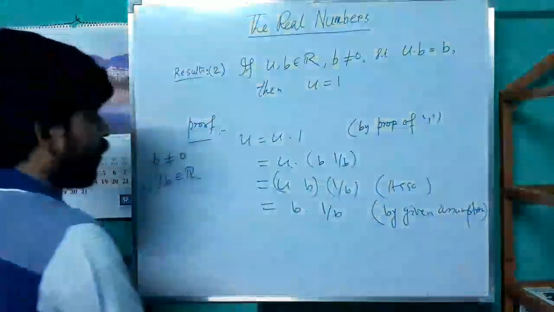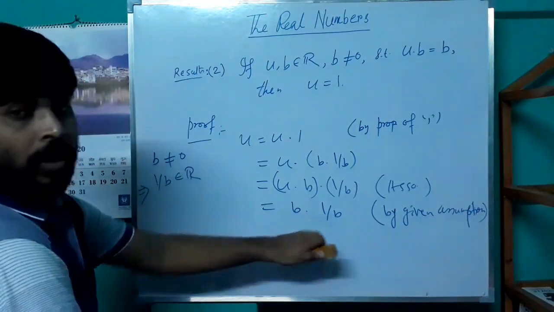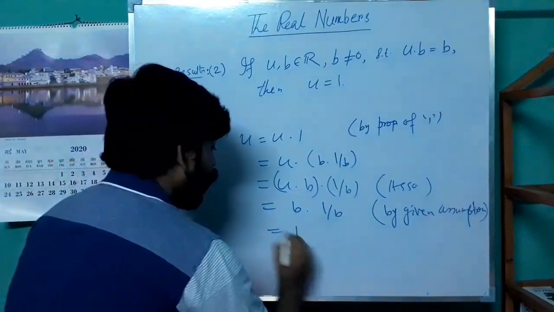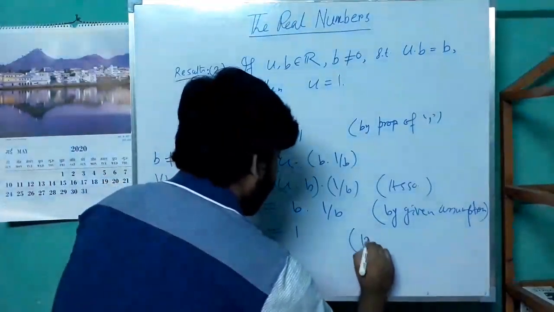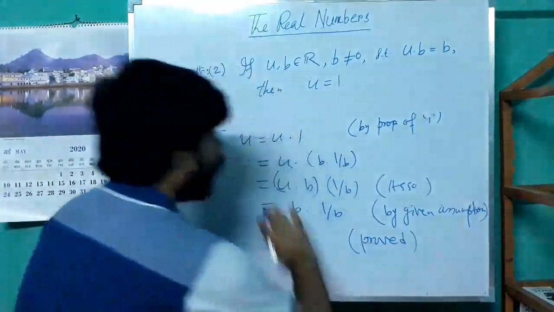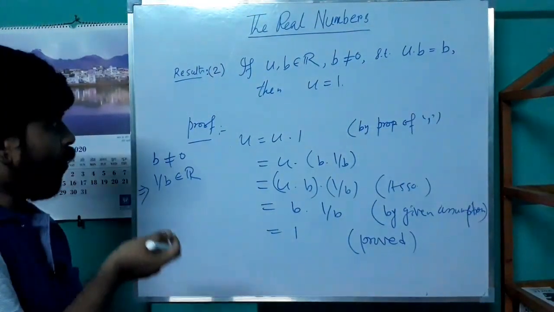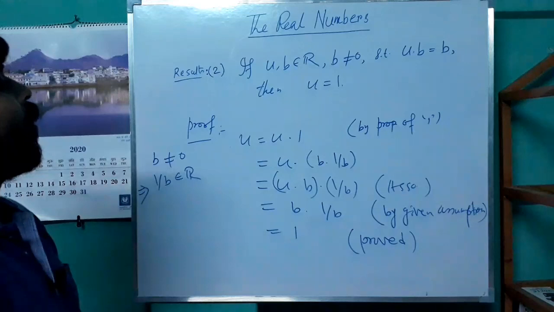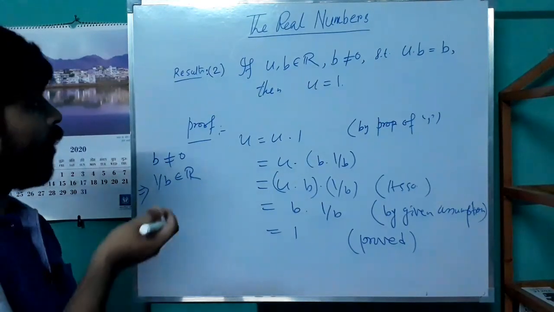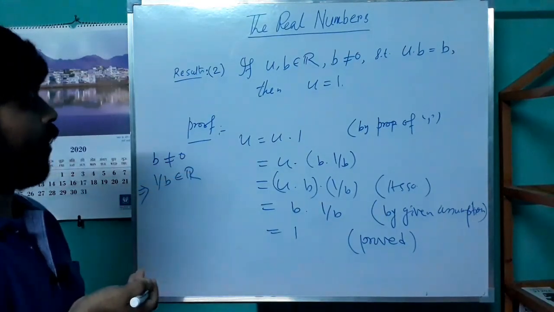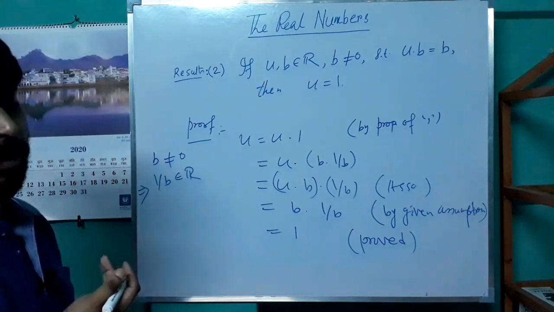So B dot 1 by B, by our assumptions, this is actually 1. So this completes the proof. So if U is a real number and B is another non-zero real number, then U dot B equal to B has the solution U equal to 1.